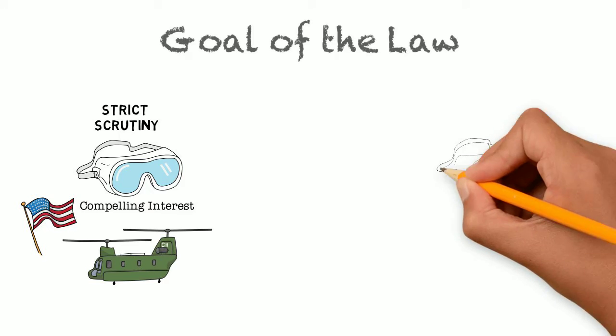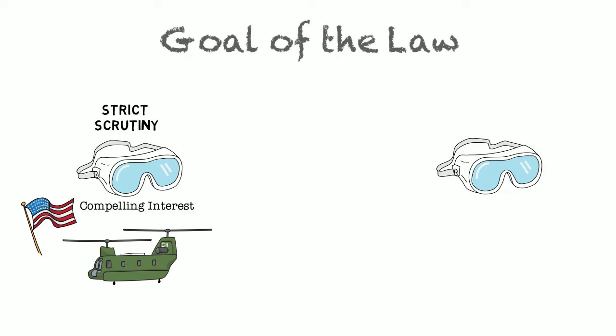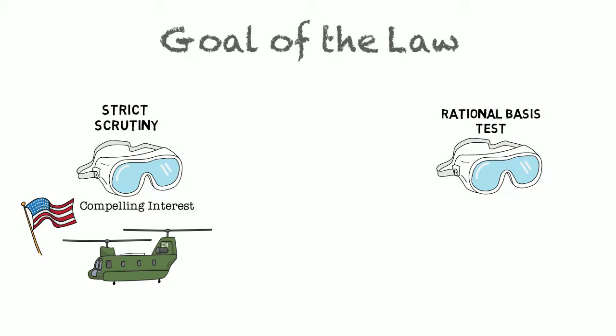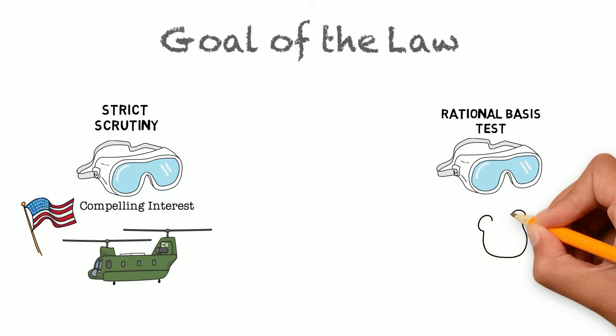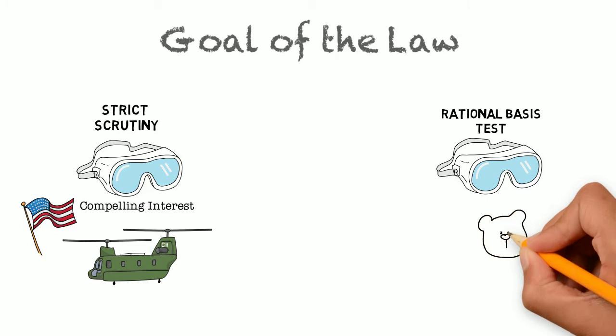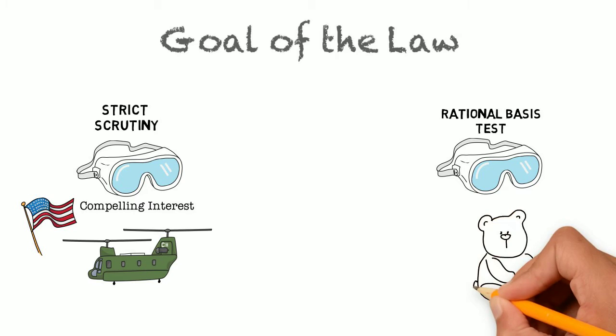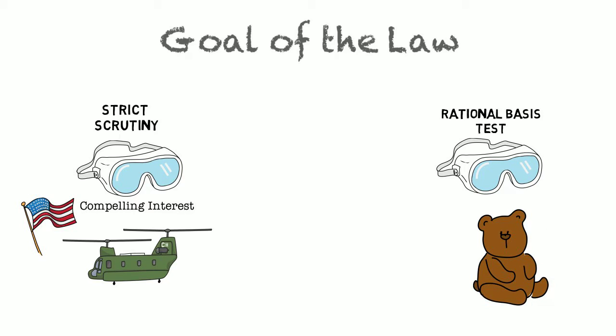Of course, the government would prefer that the court examine their goal through the softer lens of the rational basis test. Under this test, government's reason for creating the camps would be enough to meet constitutional scrutiny if it were only rationally related to a legitimate end, such as protecting public safety.